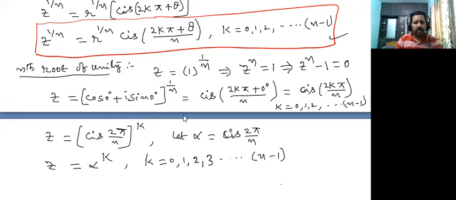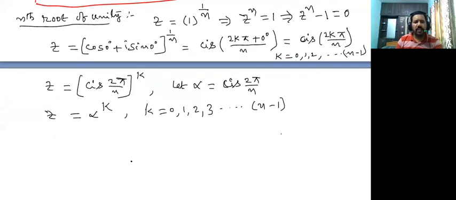So the continuation part, we got z is equal to alpha power k, where k values are 0, 1, 2, 3, and so on, up to n minus 1. In place of k, substitute 0: alpha power 0 is 1. In place of k, substitute 1, we get alpha.